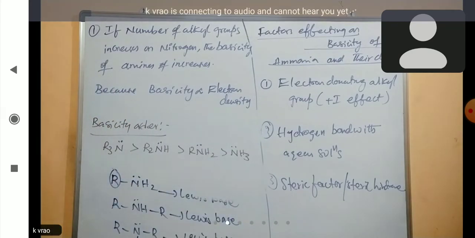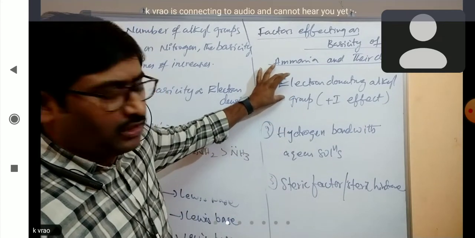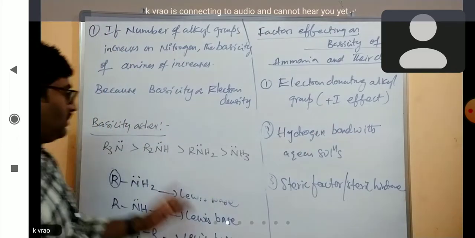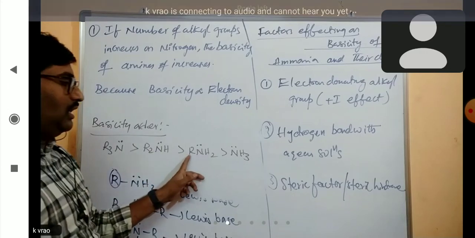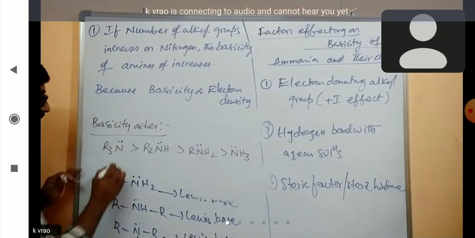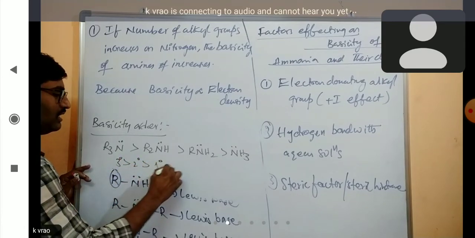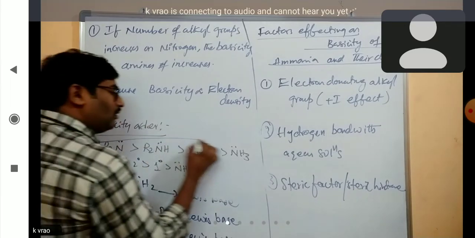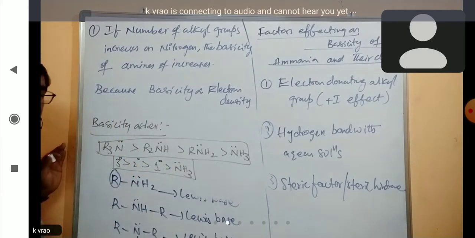If we consider only the factor of electron donating groups, that is the plus I effect, the basicity order is R3N, R2NH, RNH2 and NH3. Tertiary is greater than secondary, greater than primary, greater than ammonia. This is the order according to the number of alkyl groups present on the nitrogen.